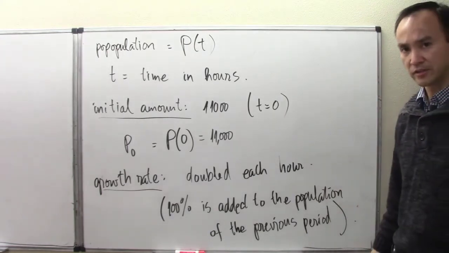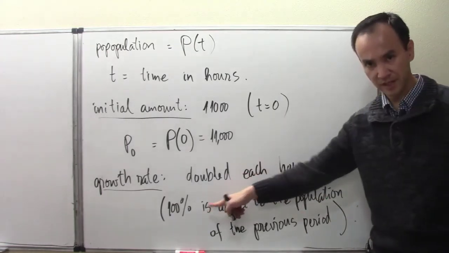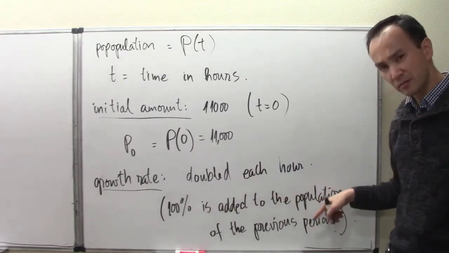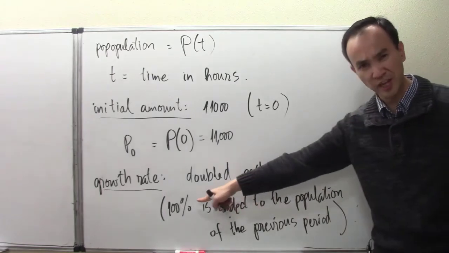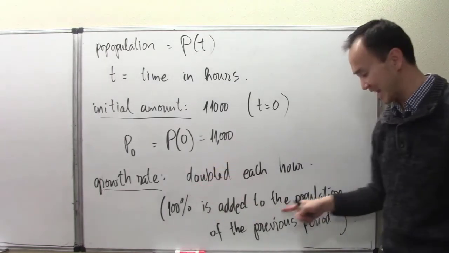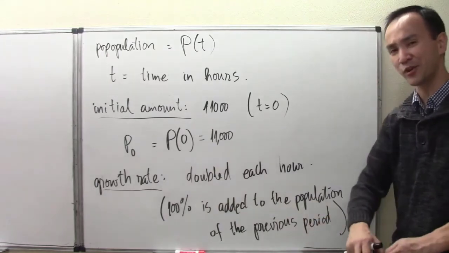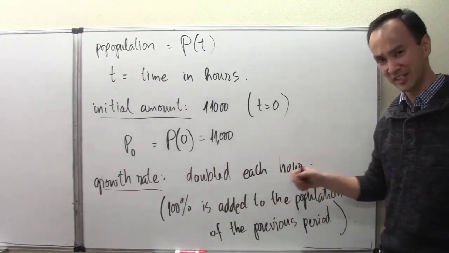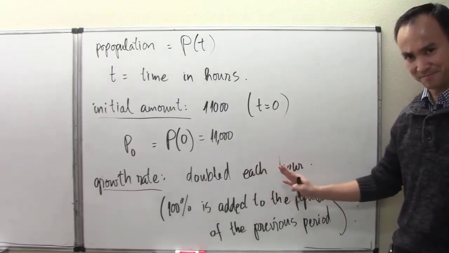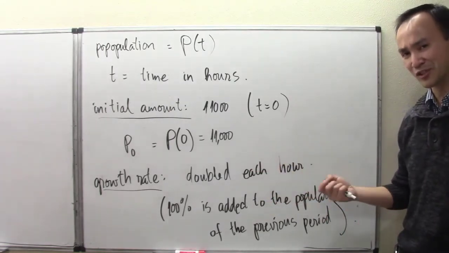Of course, 100% of the population from the previous period is added to that. That's why I use that in the short form right here. That's how we get double. With all of this understanding, let's get to the other board and try to derive the work.